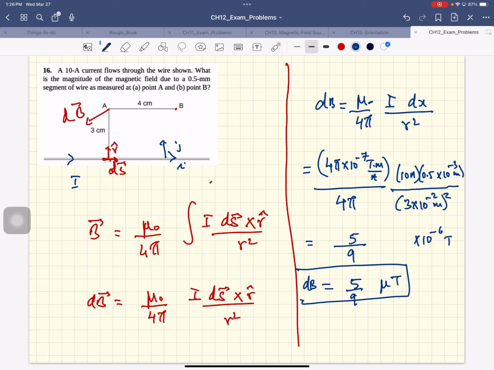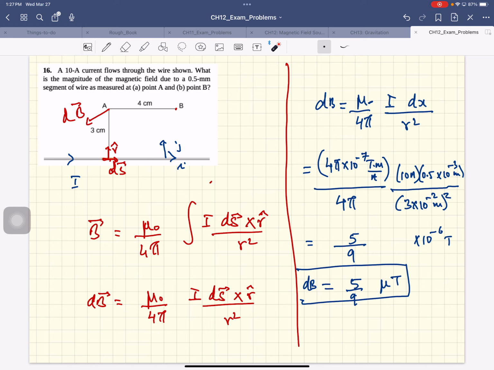So what did we find? We found the field strength, and we know the direction, due to this little piece of wire at that point. We're going to do the same thing and find the field due to this piece of wire at this point.